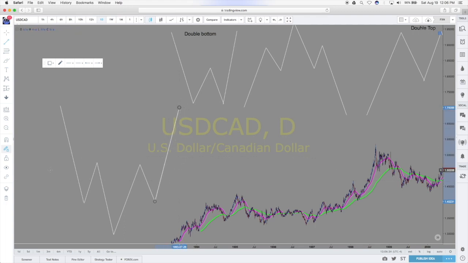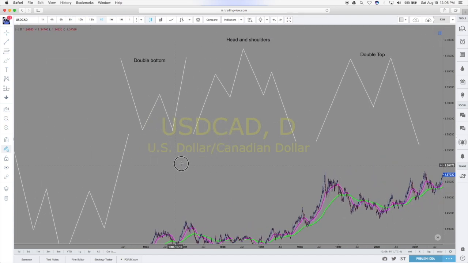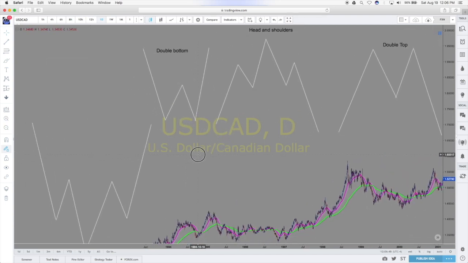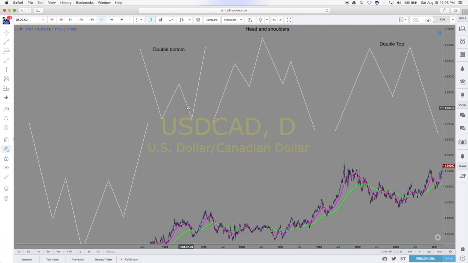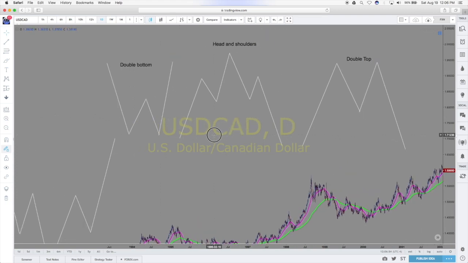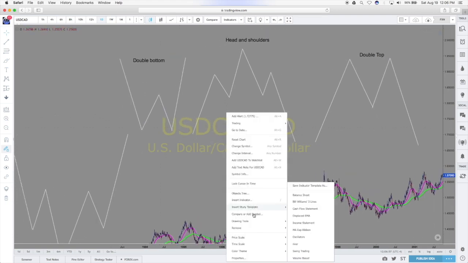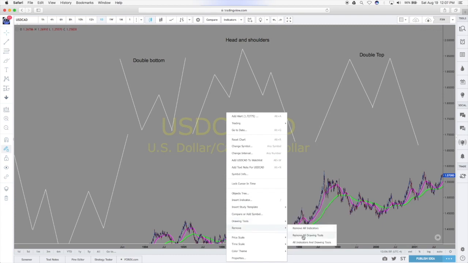Same thing as a head and shoulders, just inverse, meaning upside down. So that's as well a pattern that you'll see in the market. These three patterns are the patterns that you're going to see in the market over and over again. Write them down, draw them out, put the names on them, because you will see these over and over again in the market.